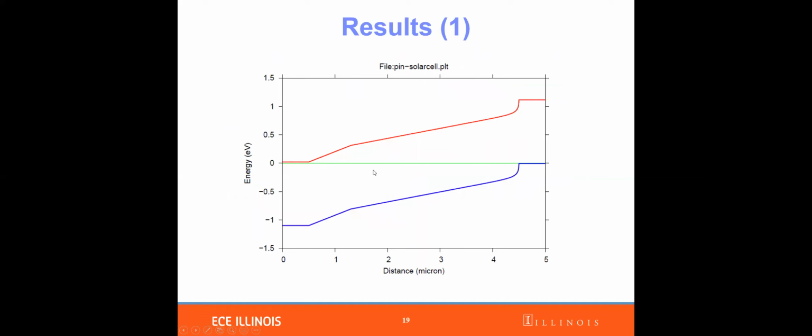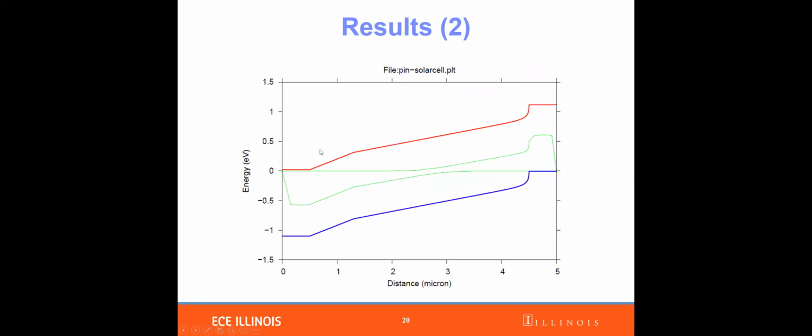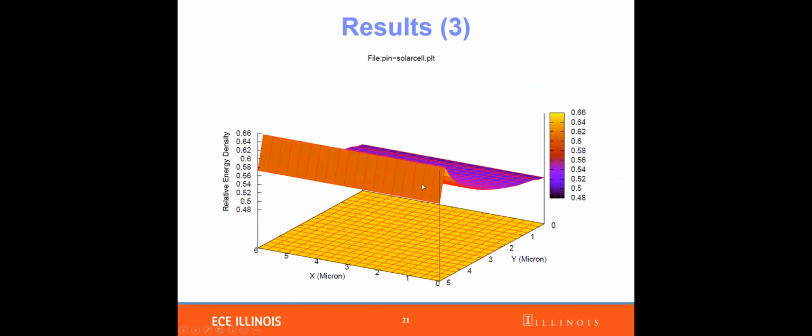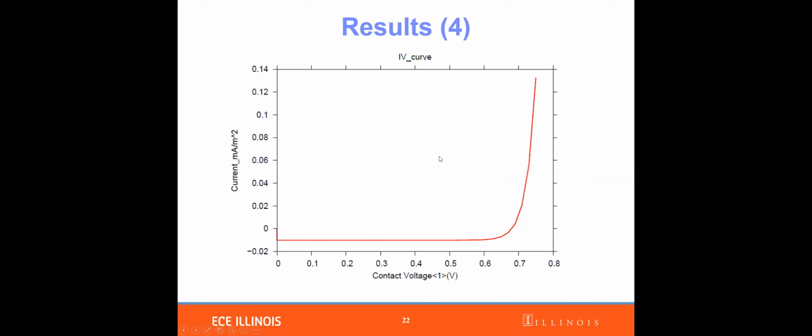And once you run the simulation, this will show the band diagram under equilibrium condition. This will show the band diagram under light injection when we turn on the lights. And this is the power density in the solar cell. And this is the IV curve. You can see on the left-hand side, milliamp per meter square as a function of contact voltage.